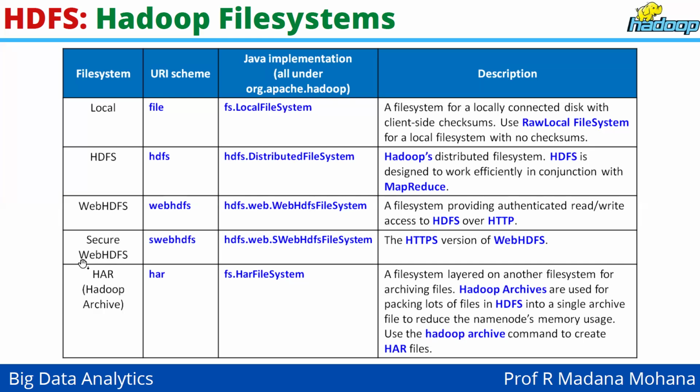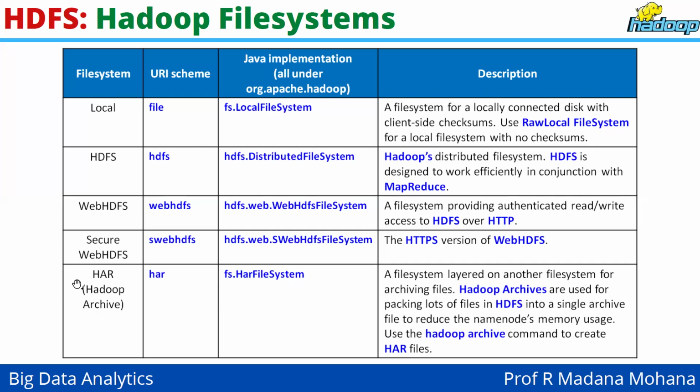The next file system is Secure WebHDFS. Its URI scheme is swebhdfs. Its implementation is org.apache.hadoop.hdfs.web.SWebHdfsFileSystem. Its purpose is the HTTPS version of WebHDFS.